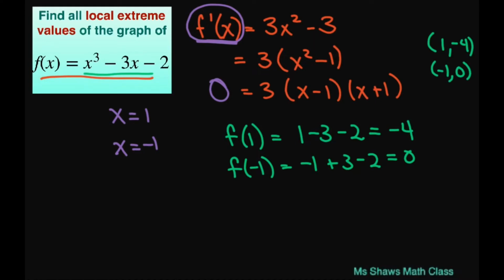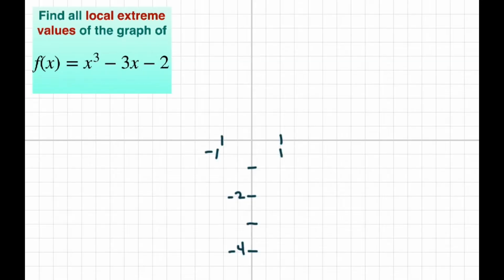The problem is finding which one is the min and max. So for this particular problem, at this stage, one way to do it is to graph it. So we already know that at negative 1 it was 0, and at 1 it was negative 4. So what you would do is look at your graph, and we know this is a cubic function that's positive.